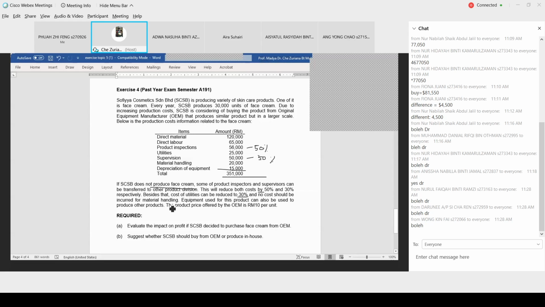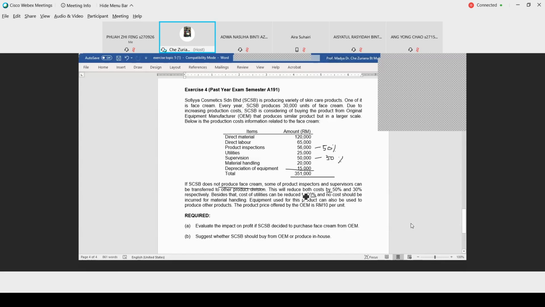And no cost should be incurred by material handling. So tak ada cost yang incurred lah kalau dia beli. Kalau dia beli, cost utility hanya yang boleh reduce kepada 30% saja.